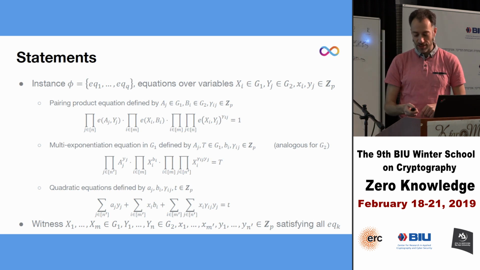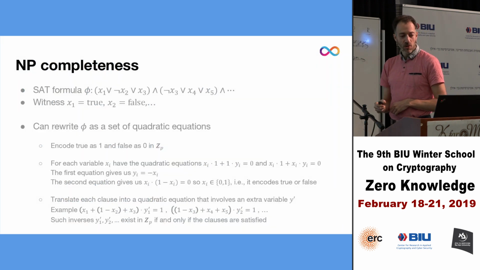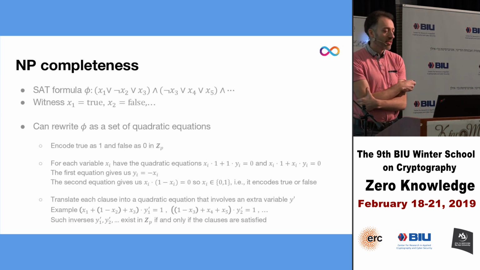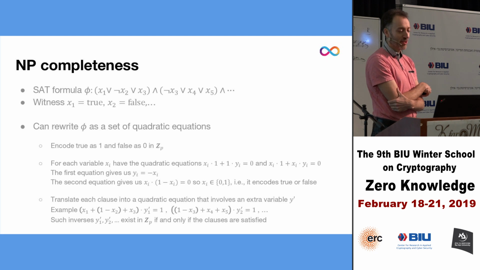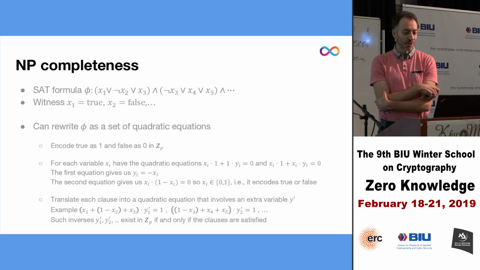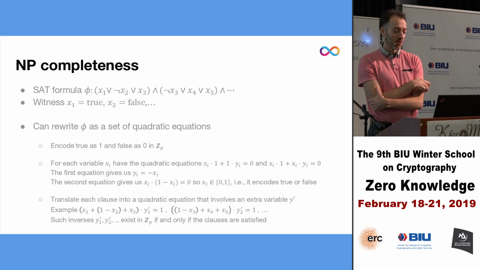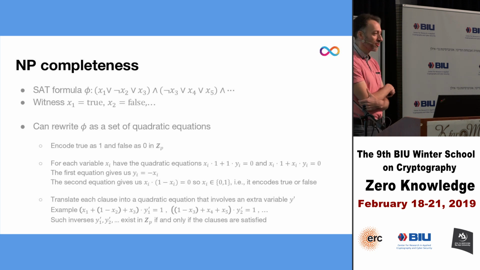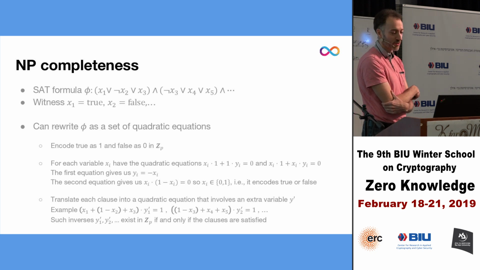And the answer to that is yes. Okay, so let's take our favorite NP-complete problem, satisfiability. Okay, so we have a bunch of clauses. We want to show that they can all be satisfied with some variables, x1, x2, and so forth, which can be either true or false.